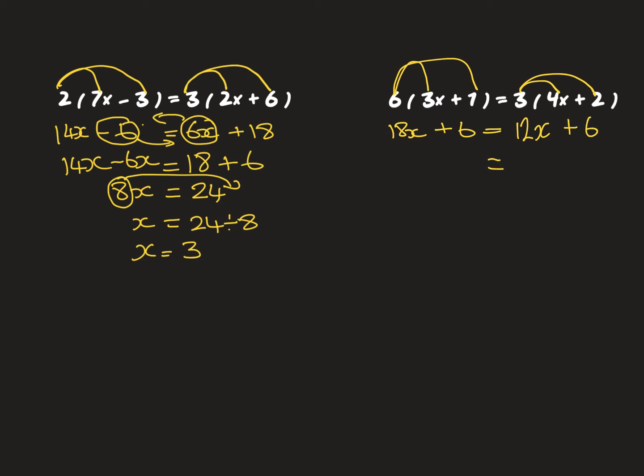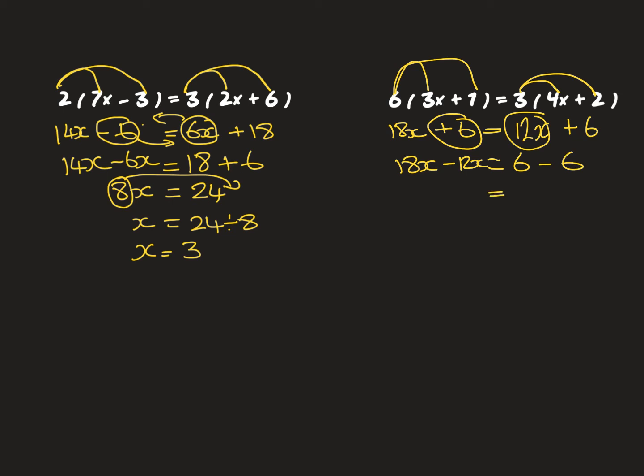Now, get our x's on the left, numbers on the right. So on the left, we're going to have 18x. I'm going to bring my 12x over, it's going to become minus 12x. On the right, I have got a 6. My plus 6 is going to come over and become a minus 6.